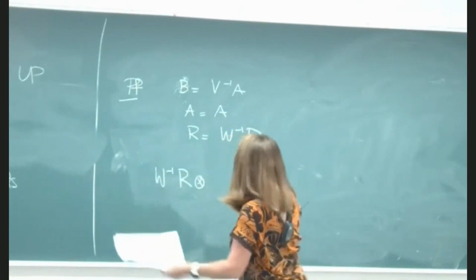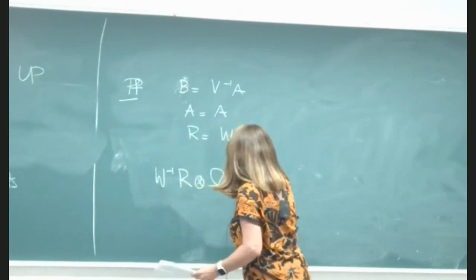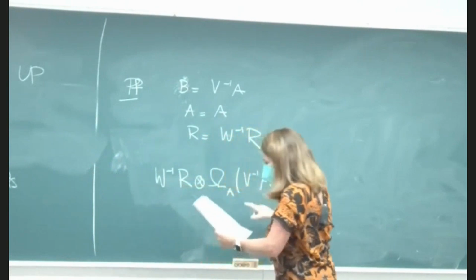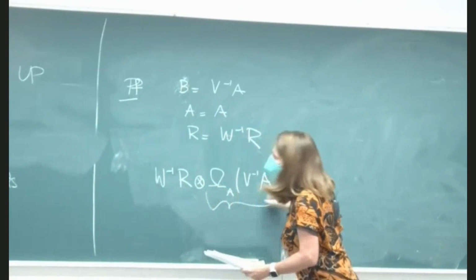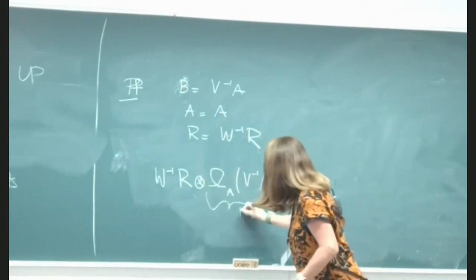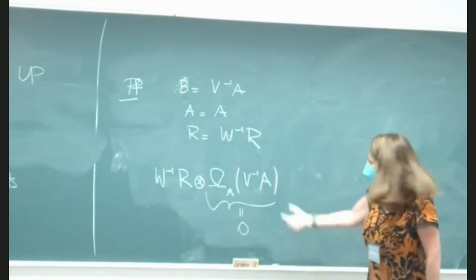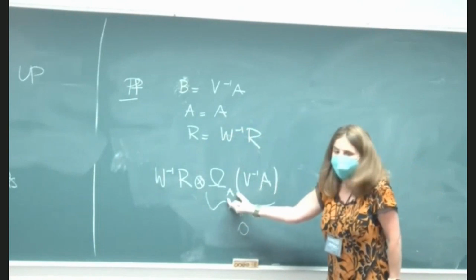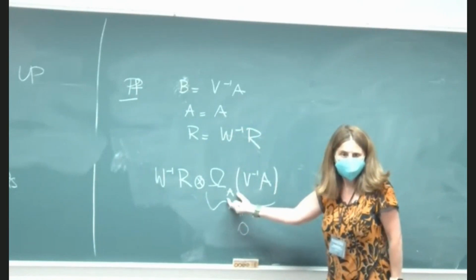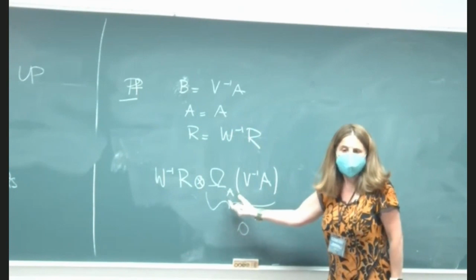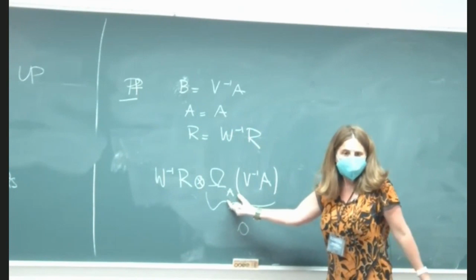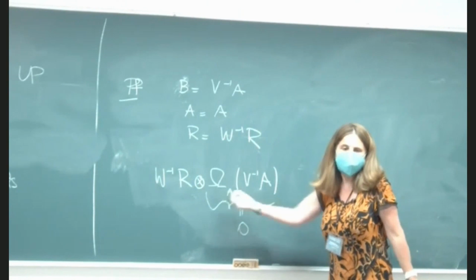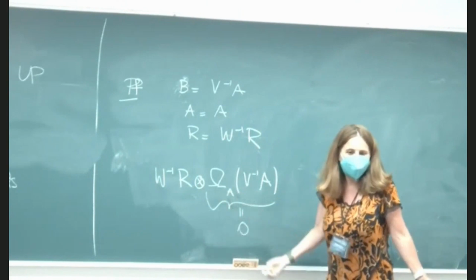Where I have V inverse of A and V inverse of A, this is actually what's 0. So I am wrong. It's the other that is an isomorphism. This is 0. Why is this 0? It is obvious that it's 0, because you are fixing A. If you fix A and you take the derivative, A are the constants. So this module has to be 0. You have no choice.